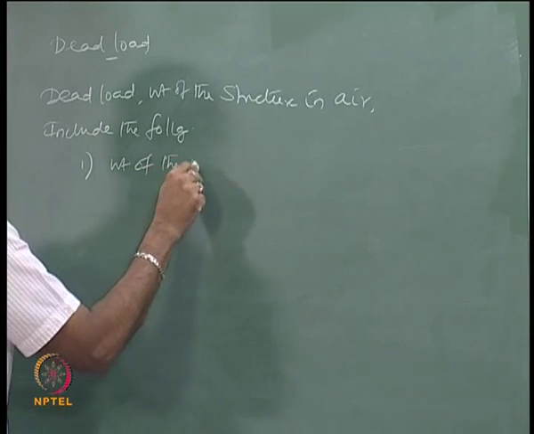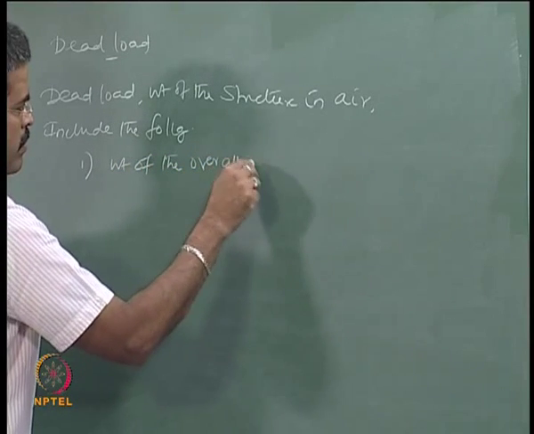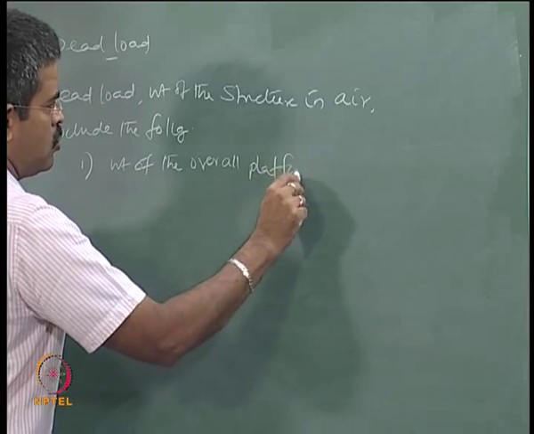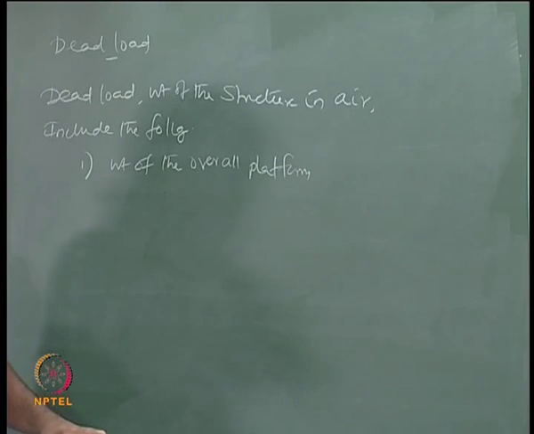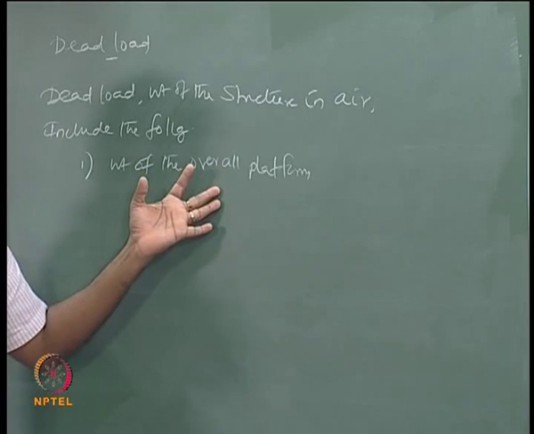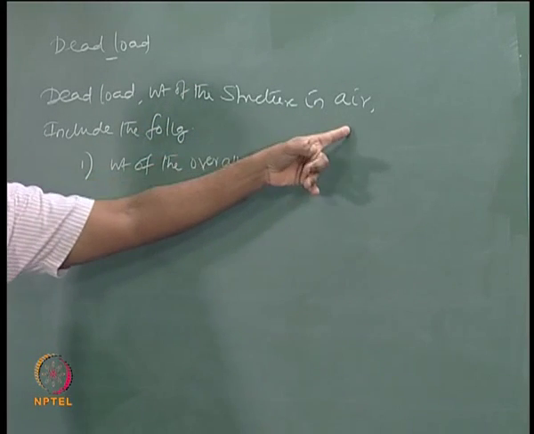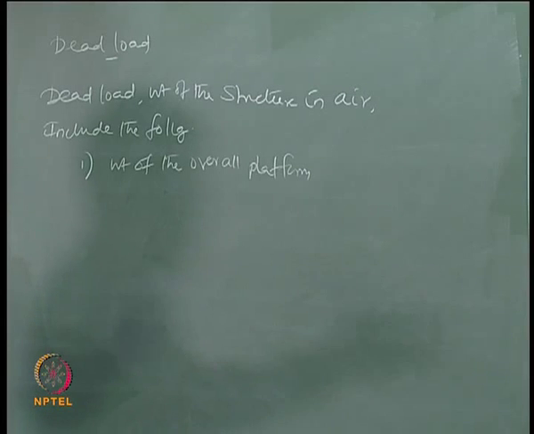Weight of the overall platform. You know how to compute this because you know the member dimensions, the material, the density, the volume, and therefore you can find the overall weight of the platform in air. Remember, we all understand that there is a difference between the weight of the platform in air and in water.